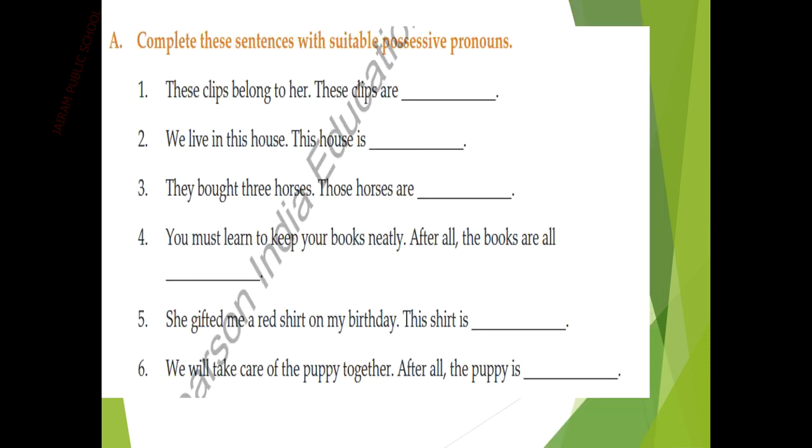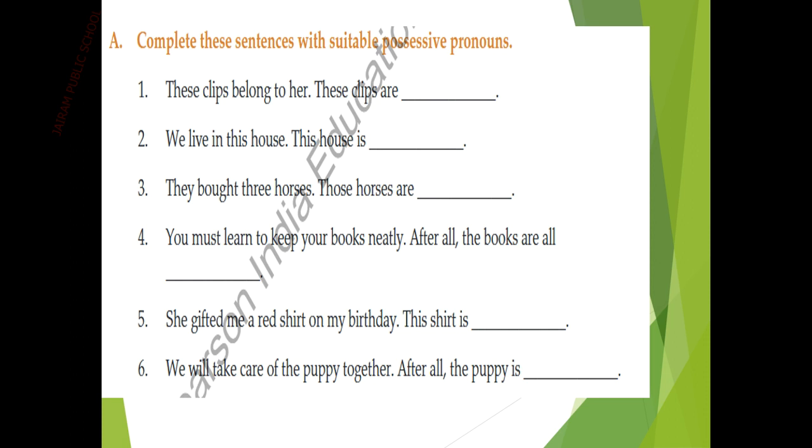Go to section A. Complete these sentences with suitable possessive pronouns. Number 1. These clips belong to her. These clips are dash. In this sentence, the clips refers to her. So, you should use the possessive pronoun word which is hers.